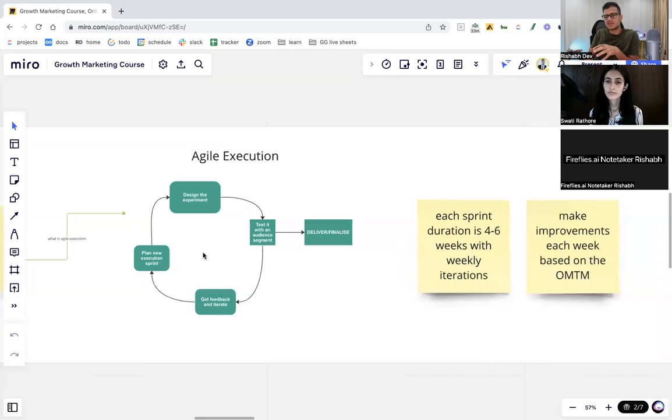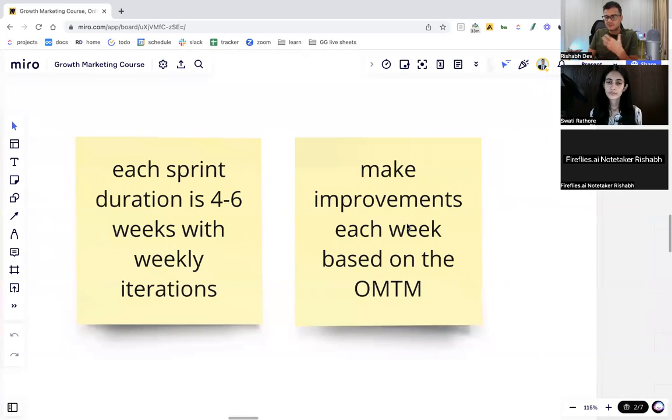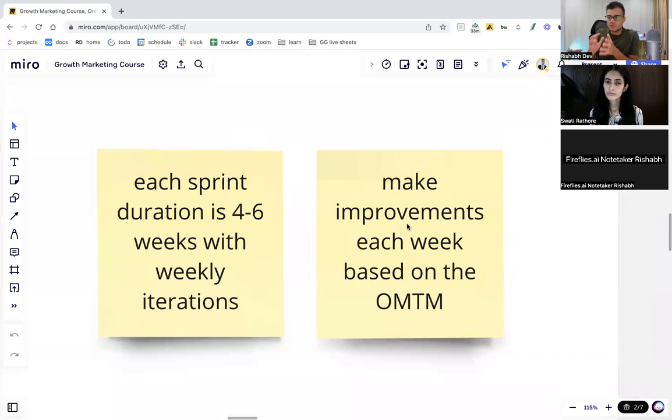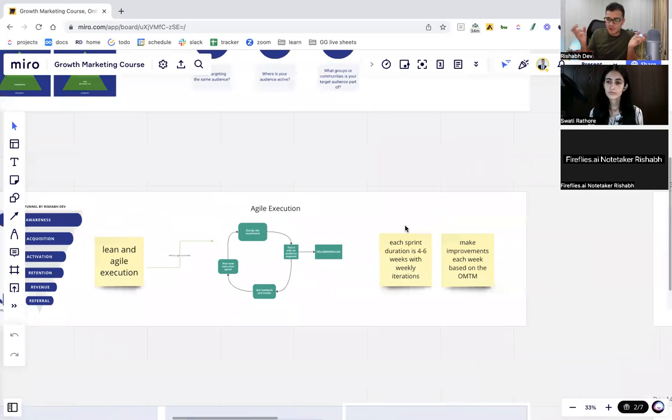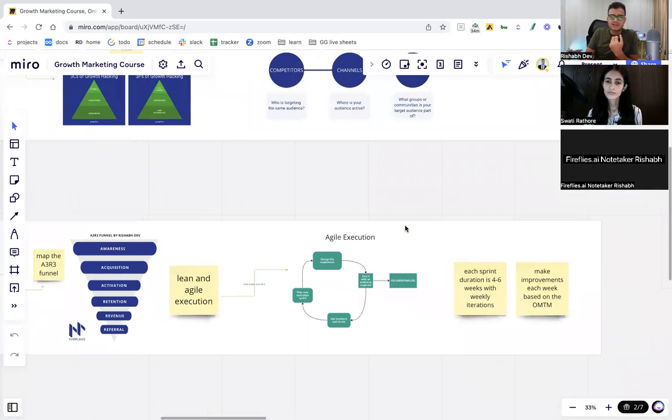So in my experience, if you're making improvements each week based on the target metrics, within 4 to 6 weeks, you'll be able to find whether you found a winner growth experiment or whether you should kill this and go back to your ideas and pick up something else. Okay. Right. And that's how I would repeat this multiple times to eventually find these unicorn growth marketing campaigns that can be scaled and that can get us results over a long period of time.